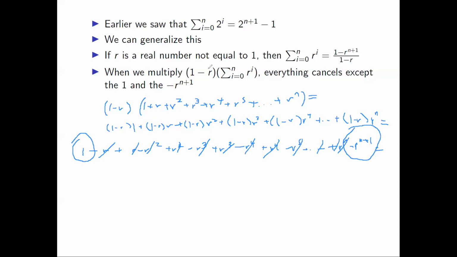So we can divide both sides by 1 minus r. Since we see that 1 minus r times the sum from i equals 0 to n of r to the i is equal to 1 minus r to the n plus 1.